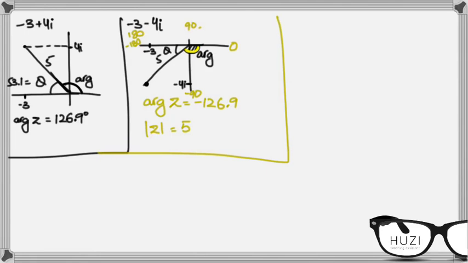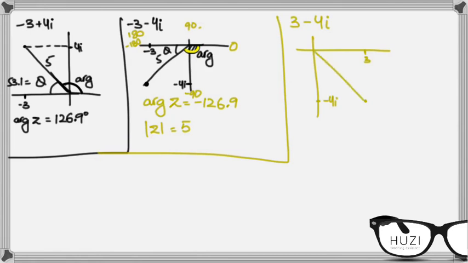The last one is, let's say, 3 minus 4i. This means that it's in the last quadrant. Roughly sketching this, this is 3, this is minus 4i, this is where the complex number lies.